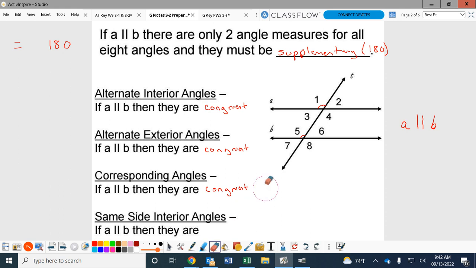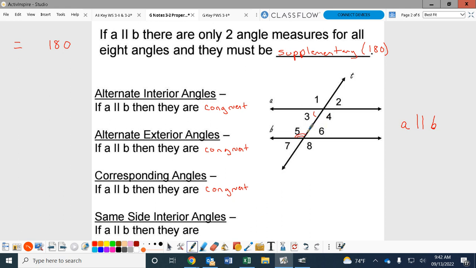And then the last one, same side interior angles. I want the same side interior angle to angle 3. 5. Those are not the same, guys. You can see they're not the same. But what angle inside here is the same as 5?